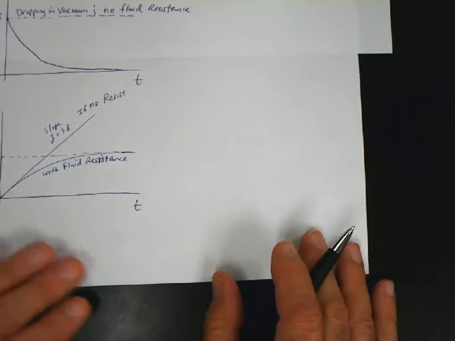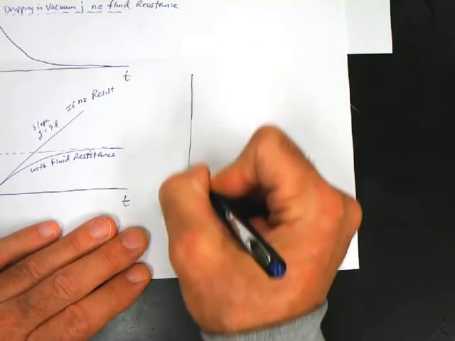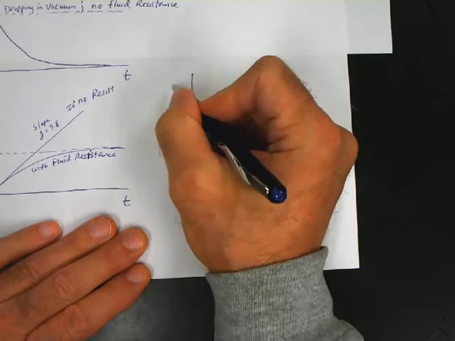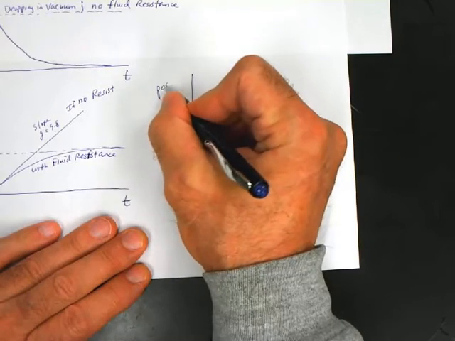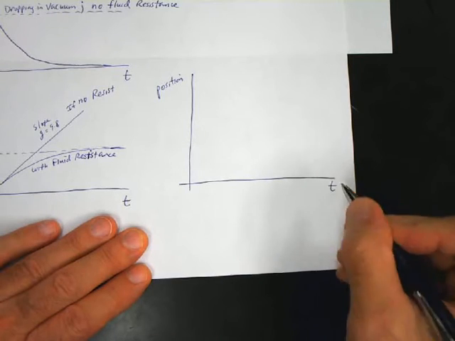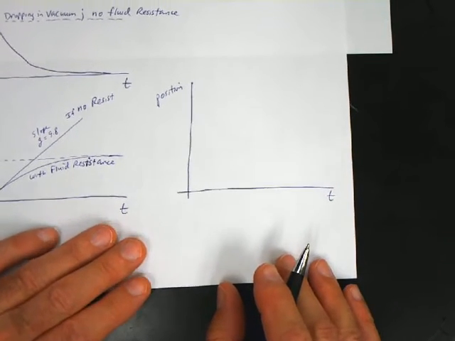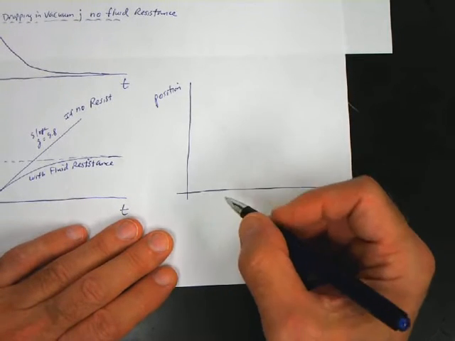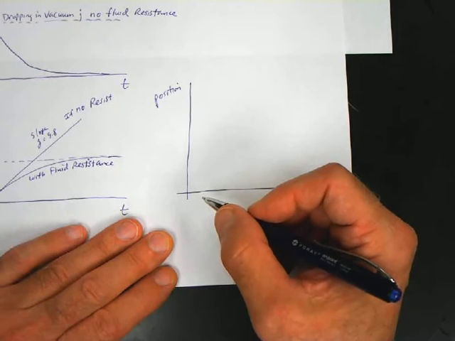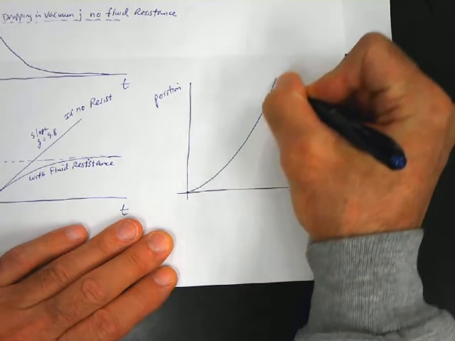Let's look at a position versus time graph. So I'll put position on the y-axis. So position versus time. We know that when you're dropping an object in free fall in a vacuum, we get our typical parabola. Nice parabola.